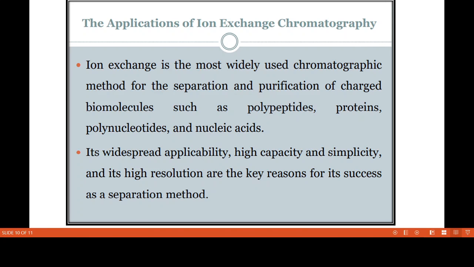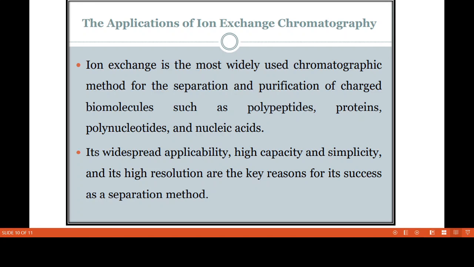The next and last point of this slide is the application of ion exchange chromatography. The application part is also very important. Ion exchange is the most widely used chromatographic method for the separation and purification of charged biomolecules such as polypeptides, proteins, polynucleotides and nucleic acids.